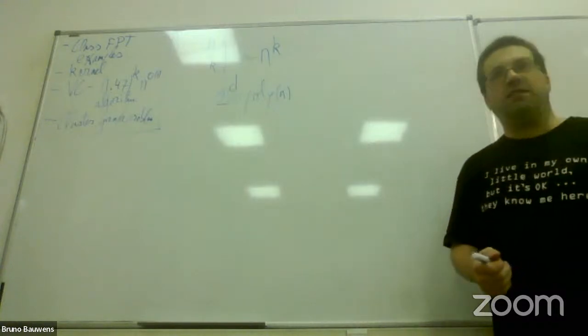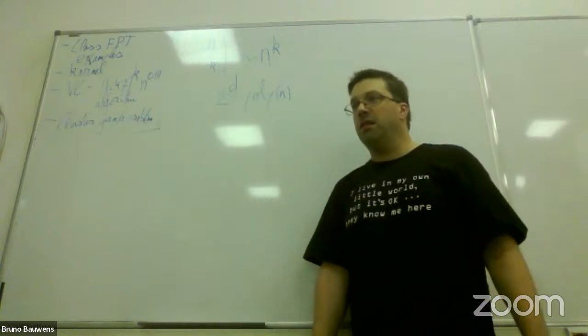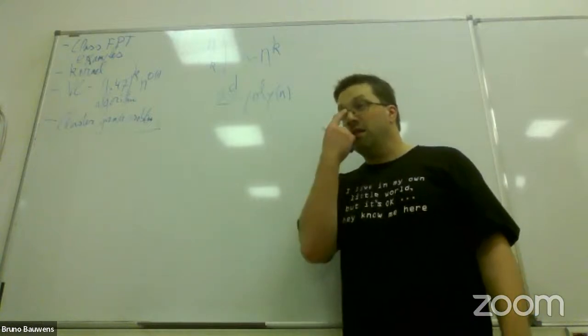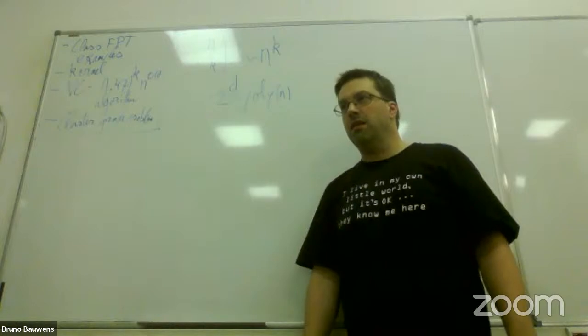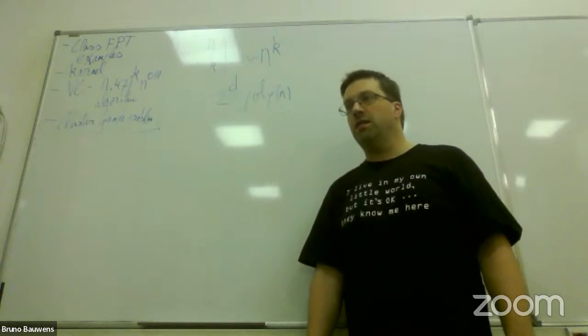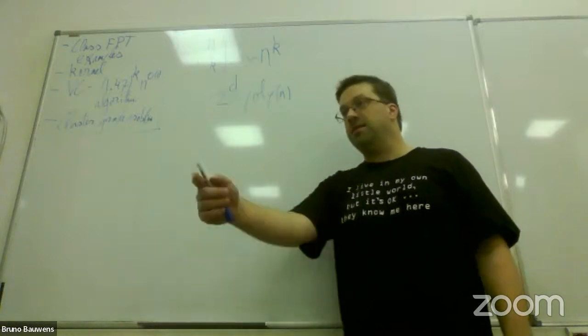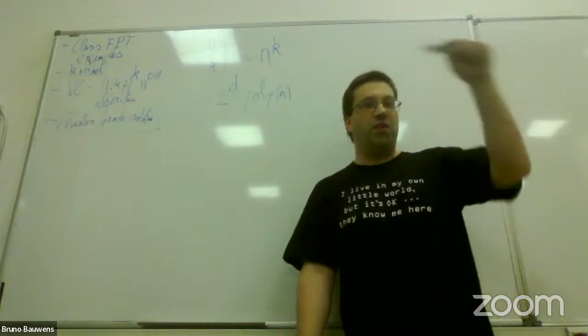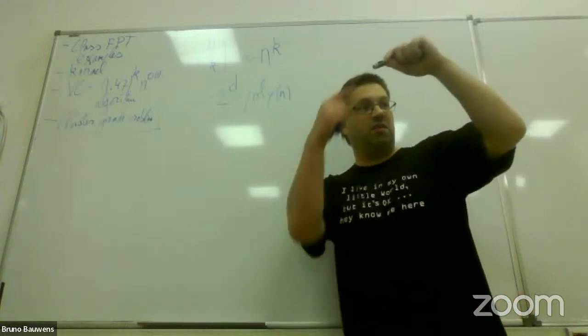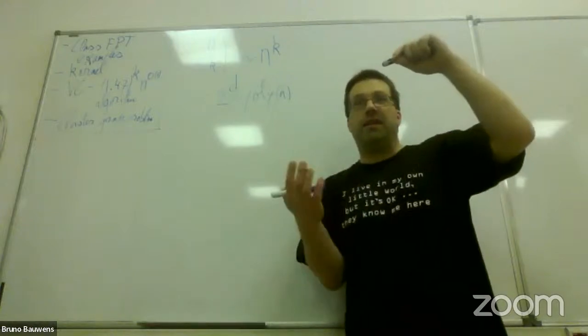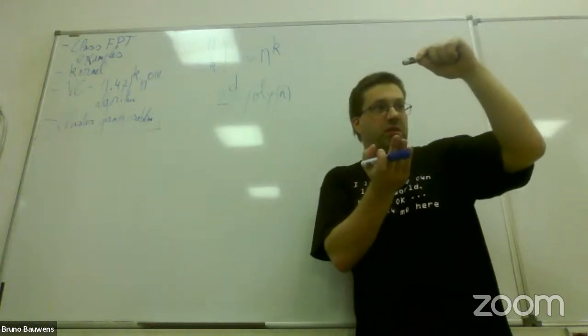So we take a vertex and then we choose all the subsets of size k of its d neighbors. Yeah, exactly. So for every node, we check whether there is a clique that contains this node. And the clique can only consist of neighbors of this node.